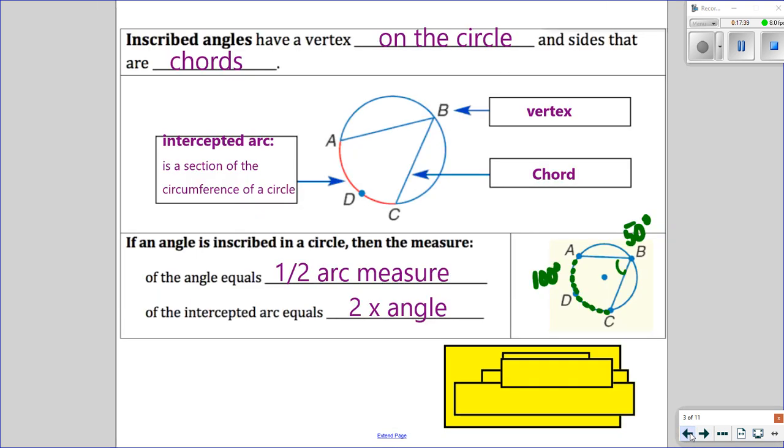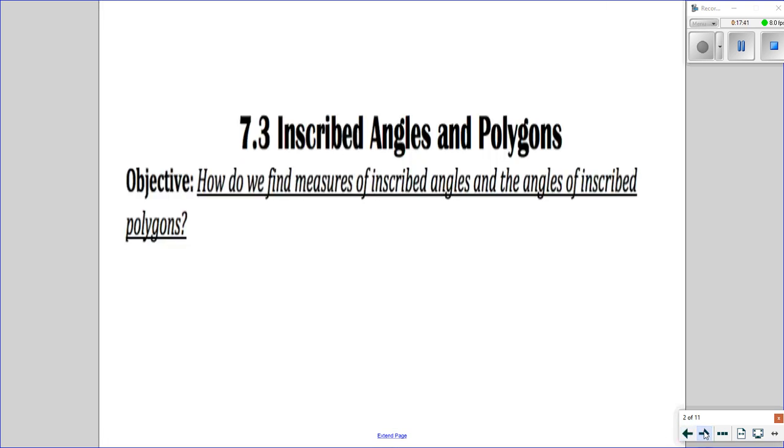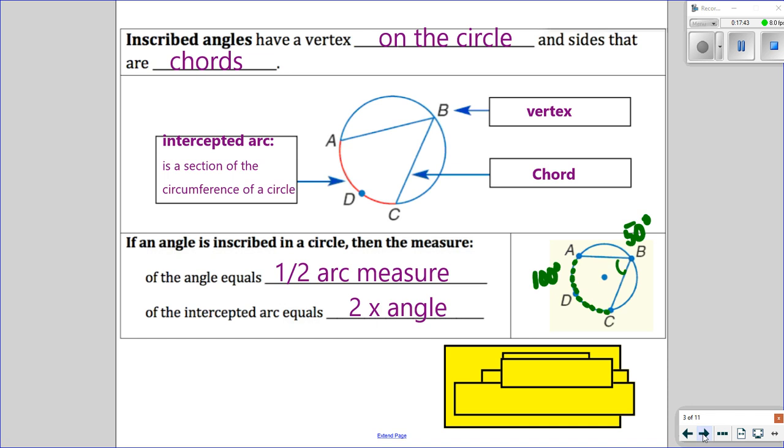Let's do a recap. We learned about inscribed angles. They have a vertex that's sitting on the circle, and it's created by 2 chords. Those chords create the intercepted arc. The intercepted arc is going to be double of whatever the inscribed angle is. An inscribed angle is half of what the intercepted arc is.